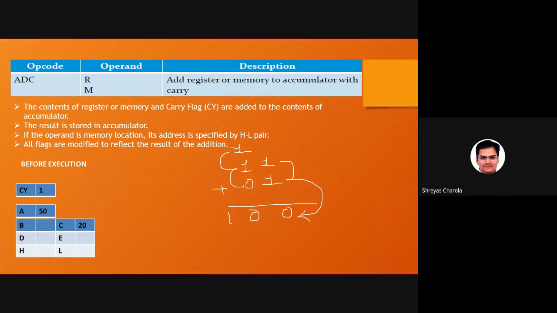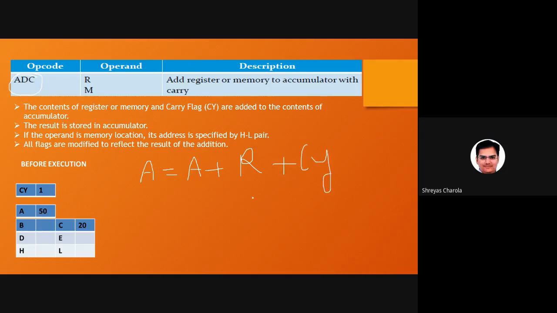Are you getting it or not? Is the thing clear, all of you? So you have to do addition with carry, and that is important. So what I am doing over here is, ADC indicates accumulator plus any register plus carry also. So A plus R plus carry. Is it clear, all of you?